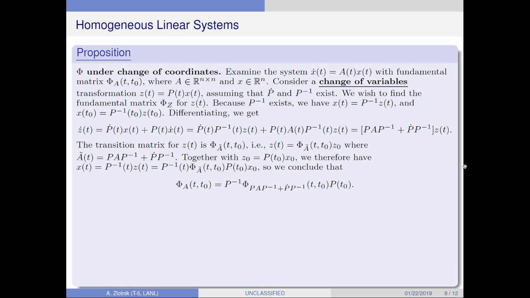So together with z naught, which is the transform of x naught at time 0, we therefore have that x is equal to a similarity transform of phi A tilde times the initial state. We can conclude that phi A has this form.